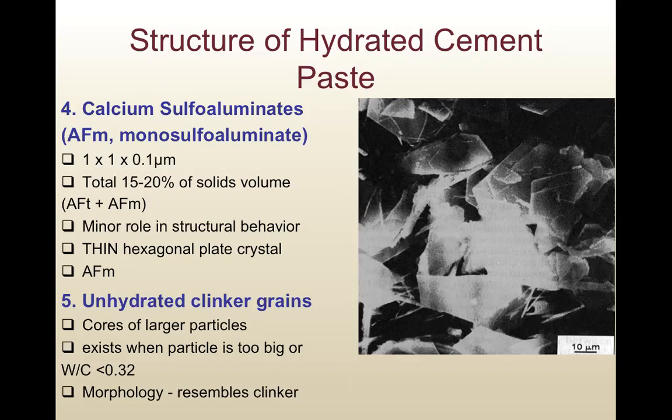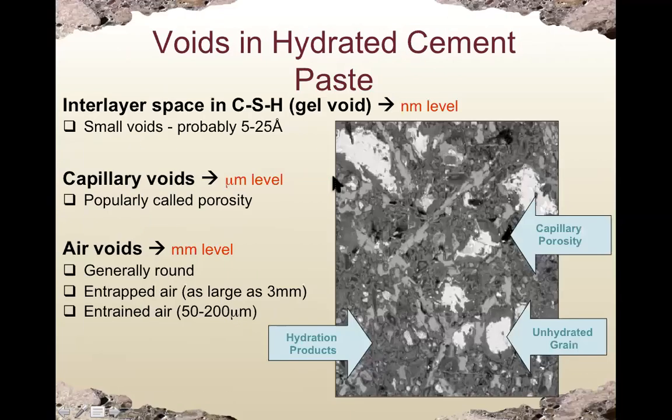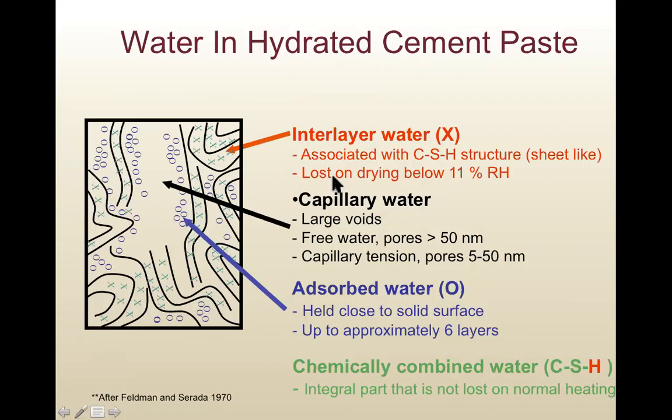So these are the 5 major hydration products or materials in hydrated cement paste. Then let's look at the different types of water in hydrated cement paste. We have 4 types of water in hydrated cement.